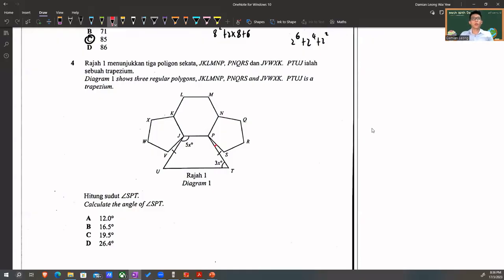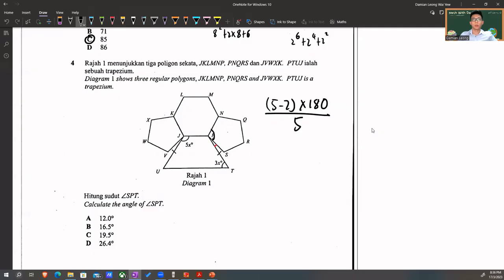Whenever you see regular polygons, I want to find the interior angle. So for a pentagon, I take 5 minus 2 times 180 for the total interior angle. Then I divide by 5, because there are 5 sides and so 5 angles, and each of the angles should be the same.